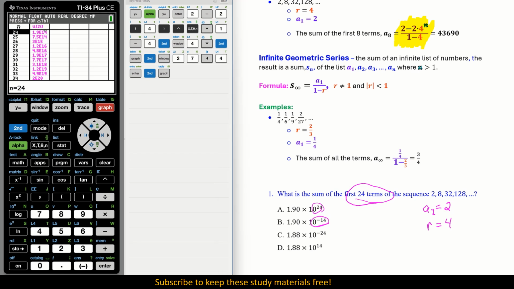That is because we're given the exponent in our answer. This is actually the notation that would be 10 to the 14. So this is incorrect, this is incorrect, C is incorrect, and D actually is correct. It's just that the calculator can only do so much. It only has so much space and it's programmed a certain way.